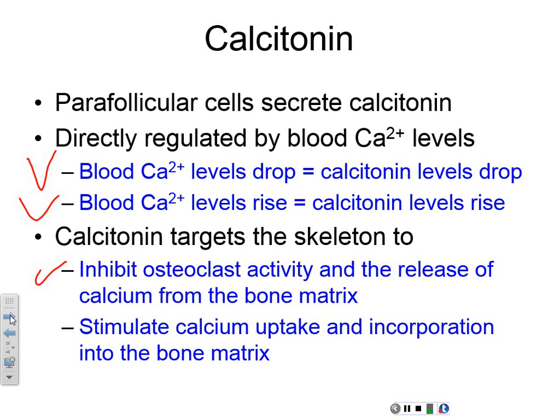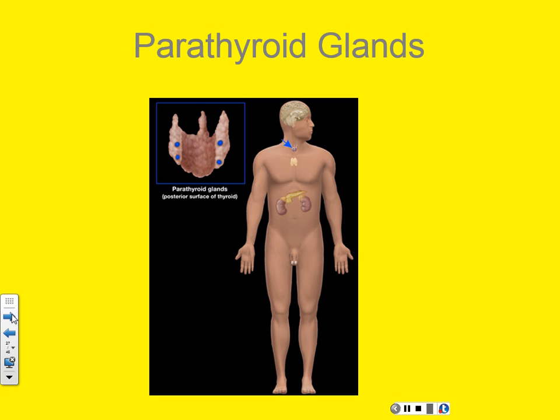It will probably stimulate osteocytes, which will make sure that calcium is deposited into bone. So, to stimulate uptake of calcium, you need osteocytes, and you don't need these guys. You already know this. It's nothing new. So some of these lectures are free.